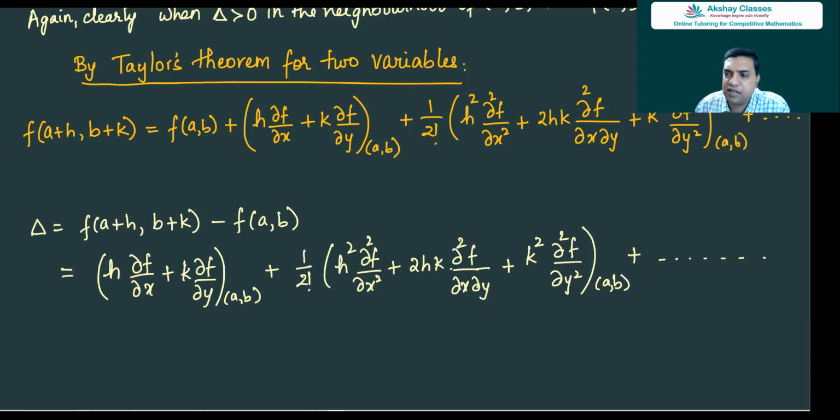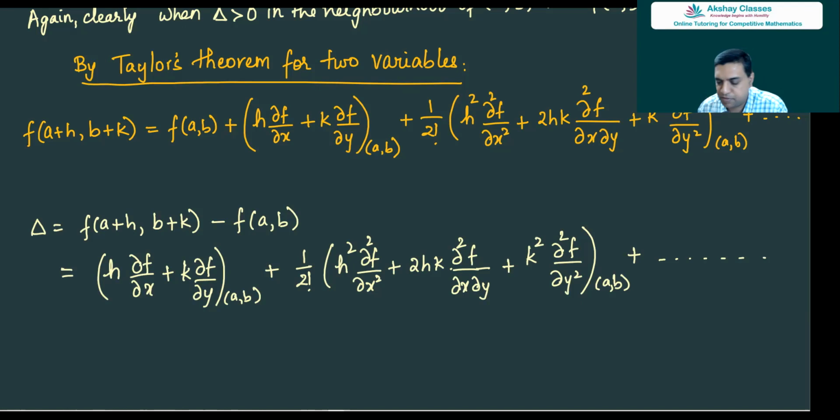For higher powers, the values of h cube, h power 4, k cube, k power 4 will be much, much smaller, so those will go to zero very fast. So the dominant terms are these, and delta will be determined by these values.